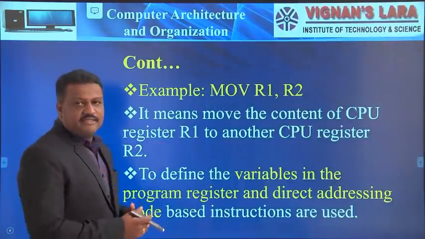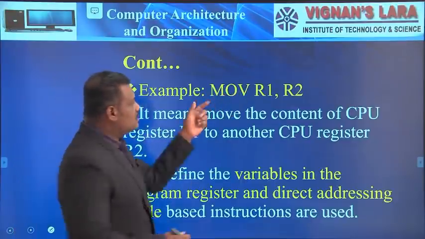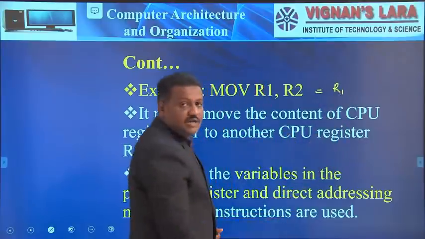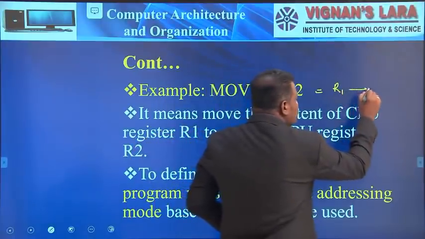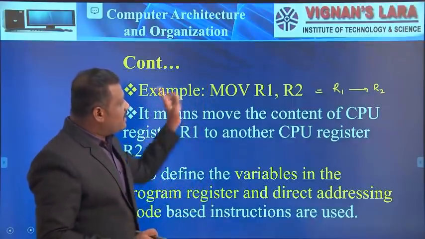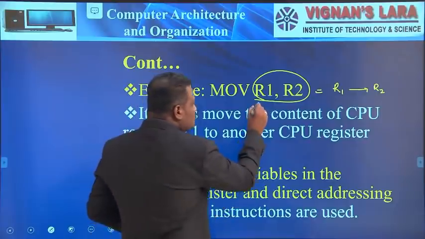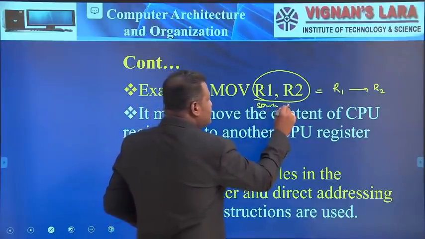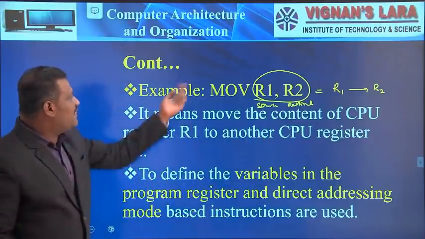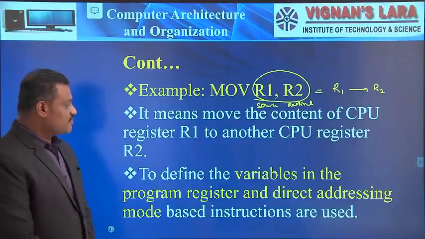See here an example for it. Move R1, R2. The meaning of this is: move the content of CPU register R1 to another CPU register R2. I already told you, if an instruction has both operands, that means source and destination, as registers, no doubt that instruction comes under this register addressing mode.